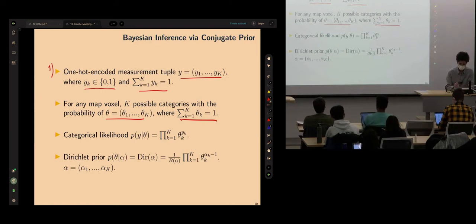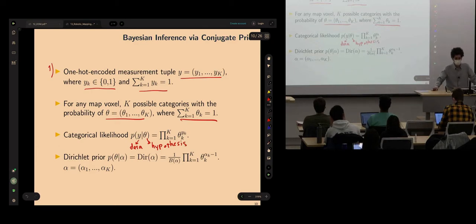Now, if the likelihood is categorical, given the parameter that we want to model, the probability of data given the hypothesis, which is the likelihood, is just the product of these theta values raised to the power of their measurement.